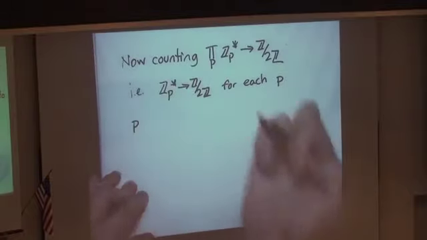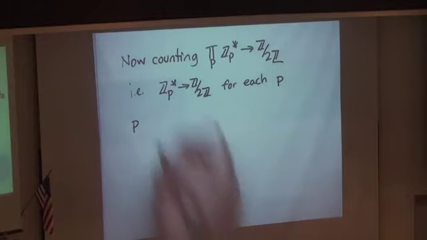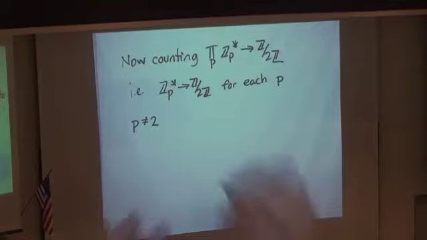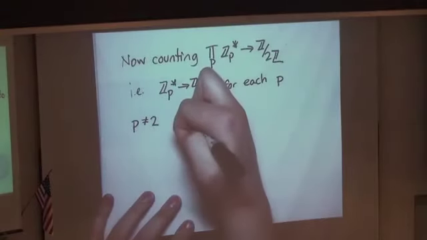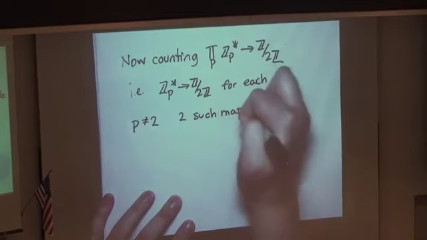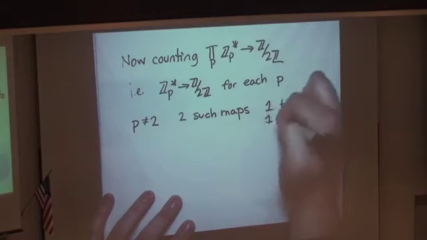Now, when p is not equal to 2, there are 2 such maps, one trivial, one not.